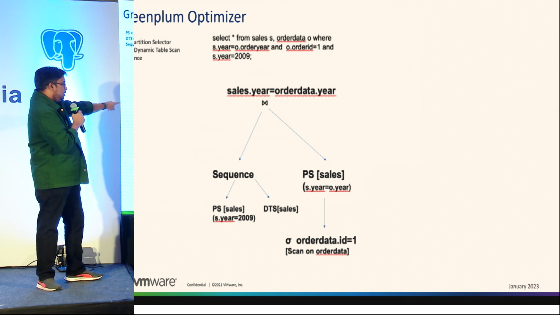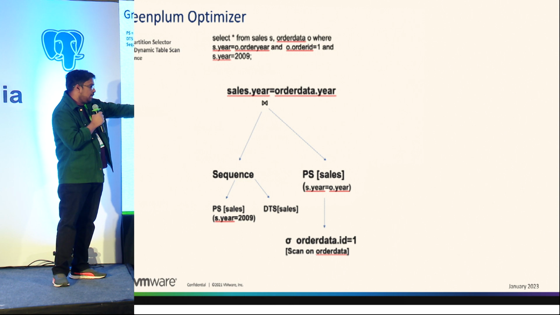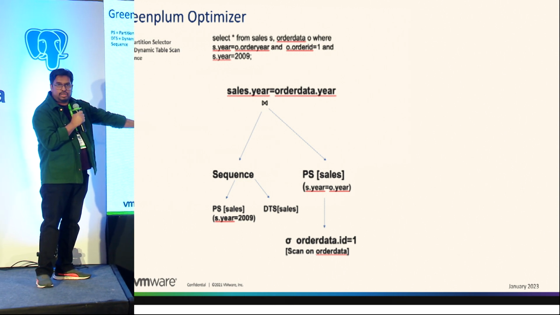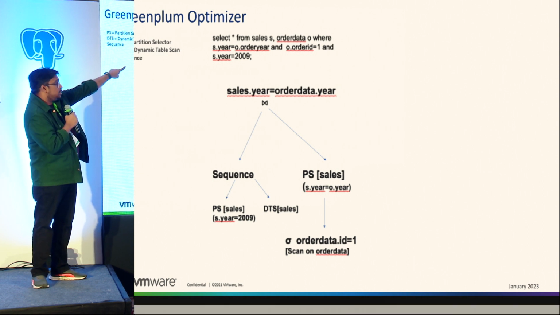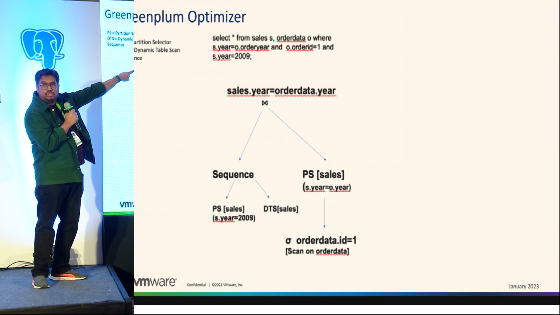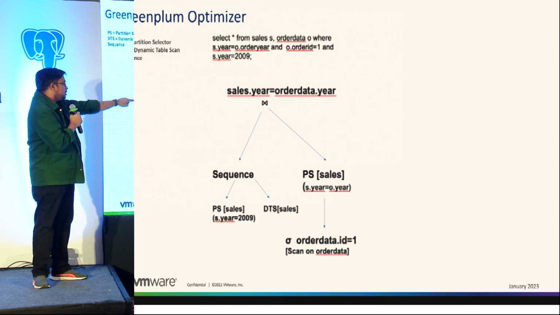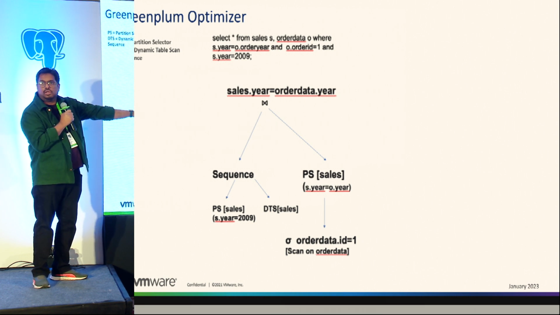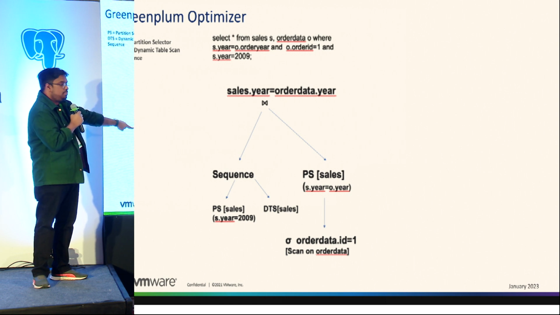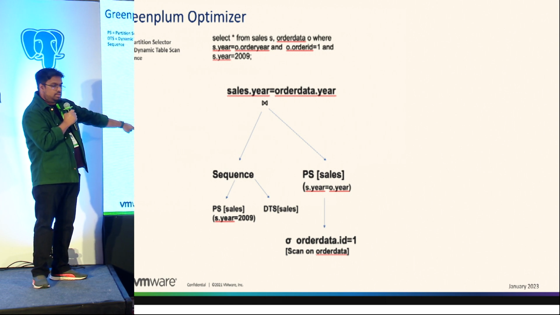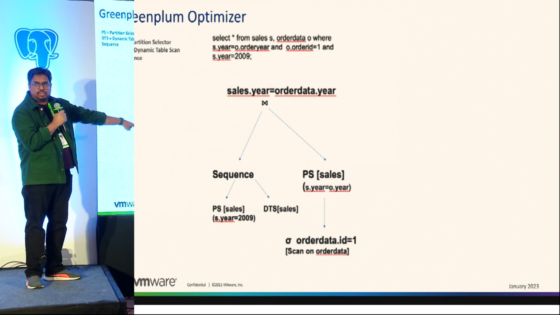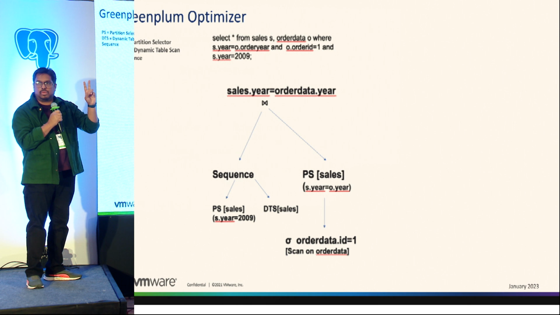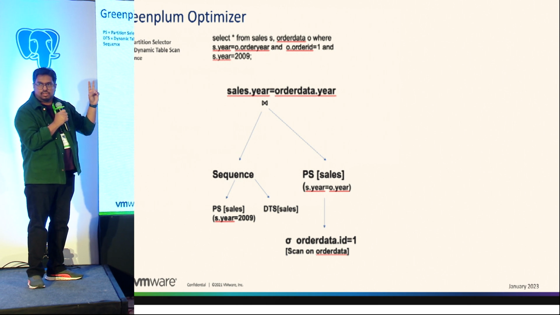So in this case, the year partition scan that's been fed by order data, and the second one is your sequence, which gets initiated because of the 2009 value, right? So it now needs to do a completely different lookup. There is another partition scan initiated here on this value. So the DTS on sales is now being fed by 2 partition scans, right?